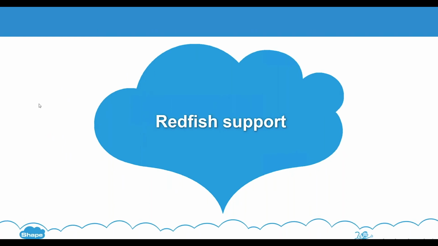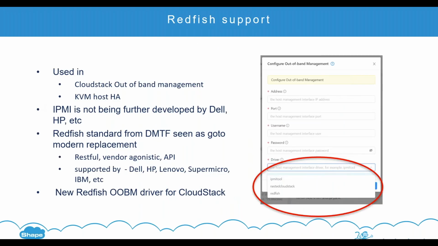Okay, so next feature, Redfish support. CloudStack's got a bit of functionality that's been around for a few years, out-of-band management, which allows you to control the underlying hosts traditionally through IPMI, and that sort of functionality is also used in the host HA stage, the KVM host HA, which has been around for a few years.